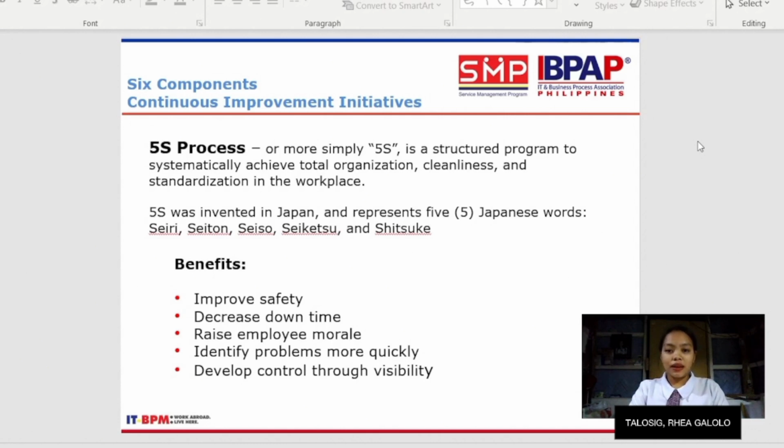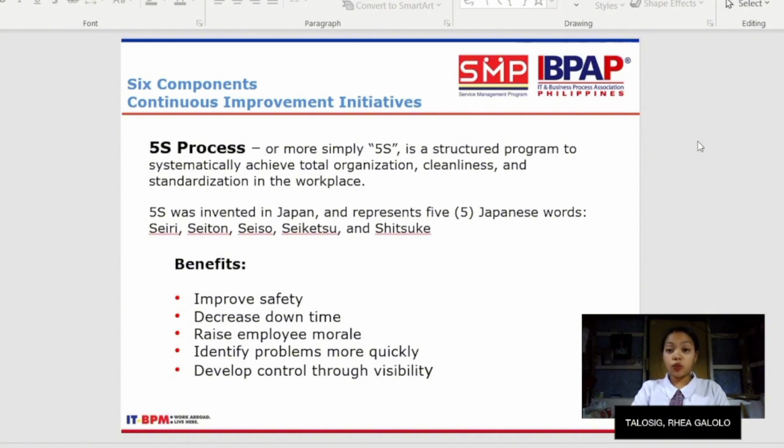Decrease downtime. 5S reduces production downtime, prevents equipment failure, and increases the efficiency and productivity of maintenance. Raise employee morale. This practice reduces the chances of a dirty, disorganized workplace, which can foster lower morale among employees.